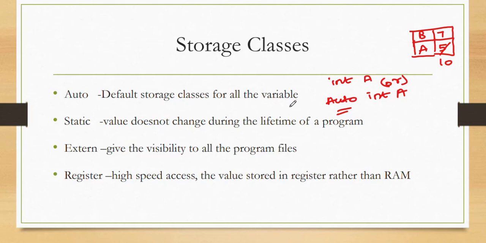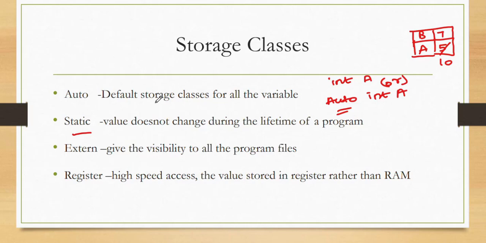The next type of storage class is static. Static means it's a constant. That means the value does not change during the lifetime of a program. For example, if I store a pi variable as 3.14, it never changes throughout the lifetime of the program.